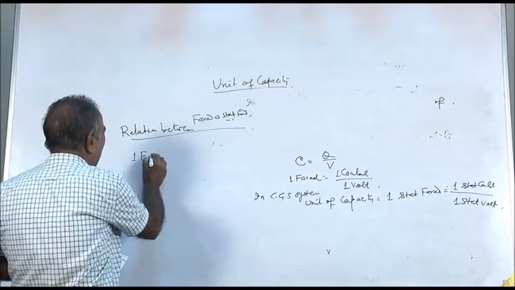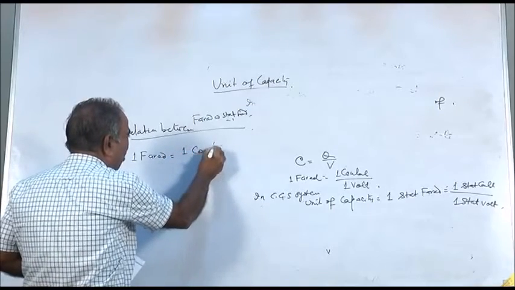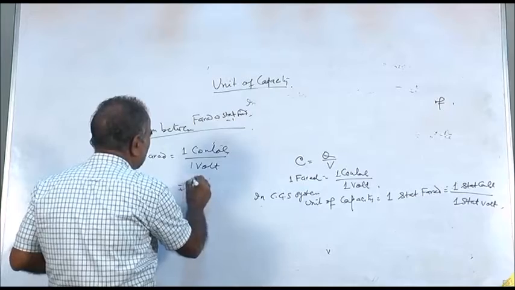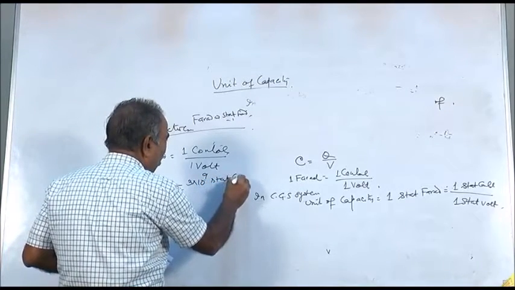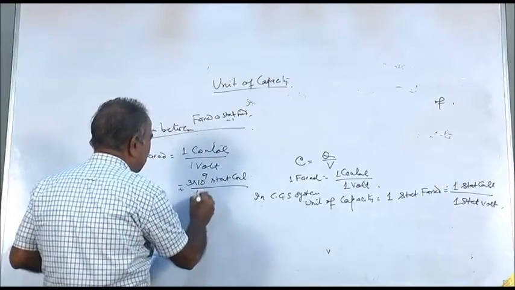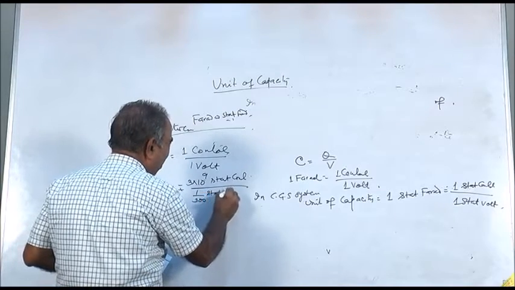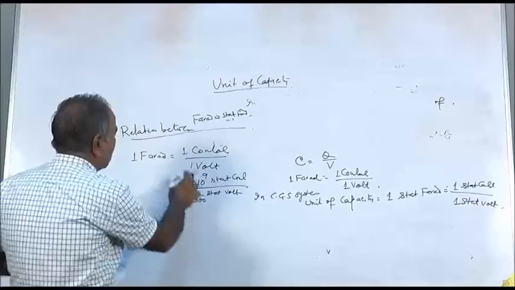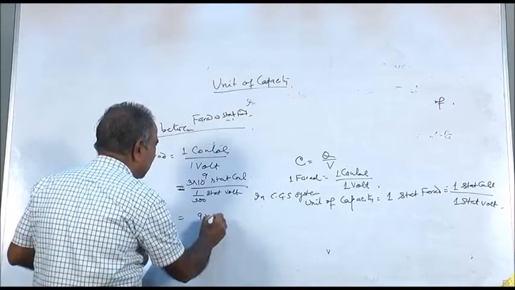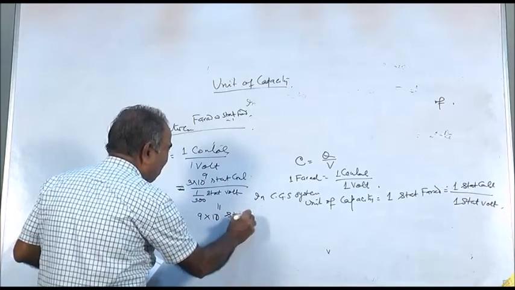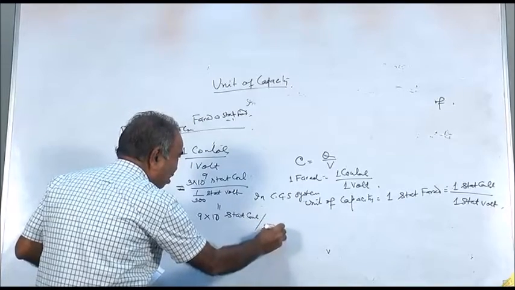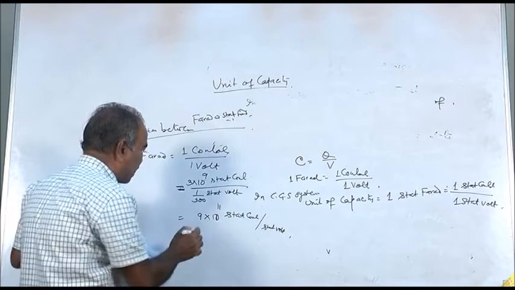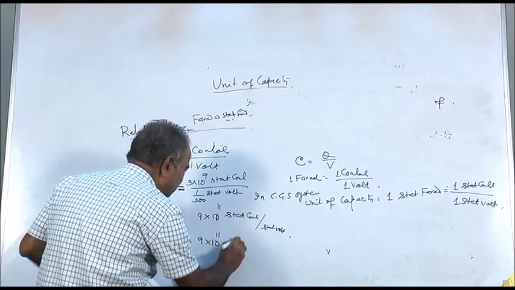1 farad is 1 coulomb by 1 volt, and 1 coulomb, we know, is 3 into 10 to the power 9 statcoulomb, divided by, 1 volt is 1 by 300 statvolt. 300 goes off, so that becomes 9 into 10 to the power 11 statcoulomb by statvolt, and statcoulomb by statvolt is 1 statfarad.